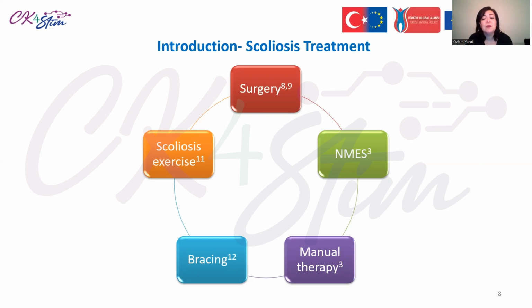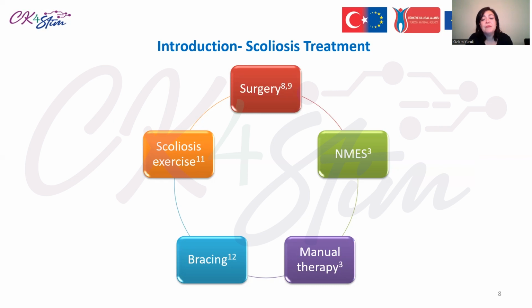Conservative treatments are prescribed above 20 degrees of curvature. If the curvature is above 40 degrees, surgery is recommended. Conservative management includes scoliosis-specific exercises, bracing, manual therapy, and neuromuscular electrical stimulation. The evidence of these treatments is unclear.